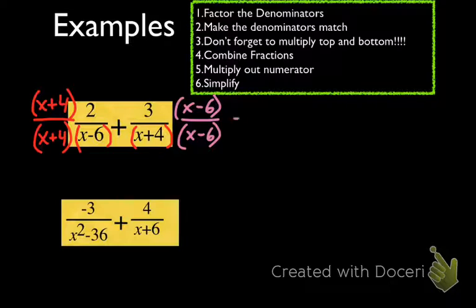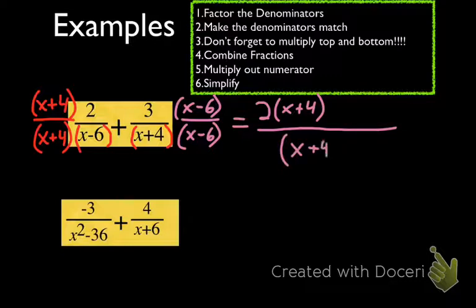When I combine these fractions, I end up with, on the left, 2 times x plus 4. I've got one denominator. It's the same thing for both, so it's just x plus 4, x minus 6. And then I've got plus 3 times x minus 6.